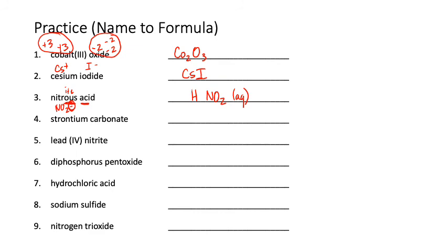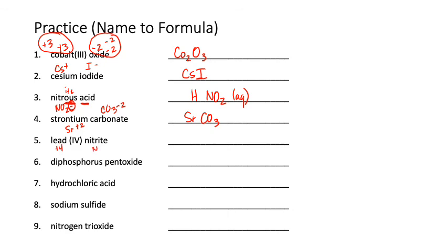Strontium carbonate. Carbonate's going to be our CO3 with a -2 charge. Strontium, Sr, it has a +2 charge. So here, these charges balance each other out. So we just need to write SrCO3. Lead(IV) nitrite, that means this lead has a +4 charge.